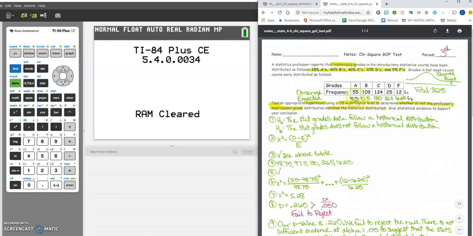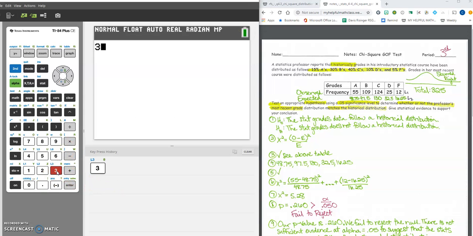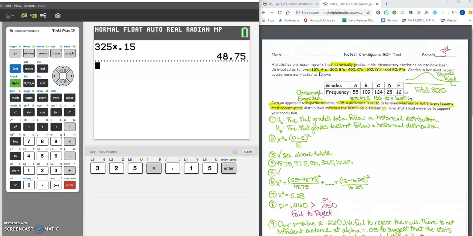Now, the next part says we're going to multiply the number of those observations by the historical percentage. So you're now going to say, okay, a total of 325. So I've got 325, get over to my calculator here, 325, and now I'm going to go times, and for the A's it is 15%. So remember to convert it to a decimal, 0.15, and now we're going to hit enter.